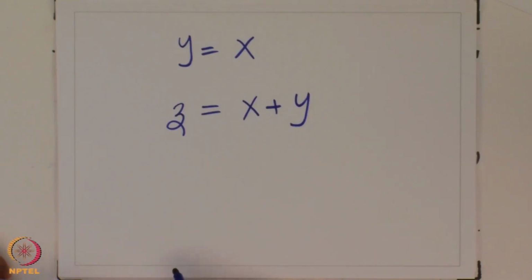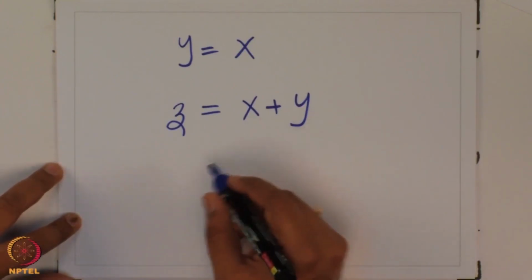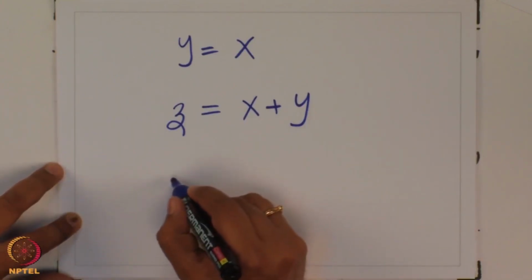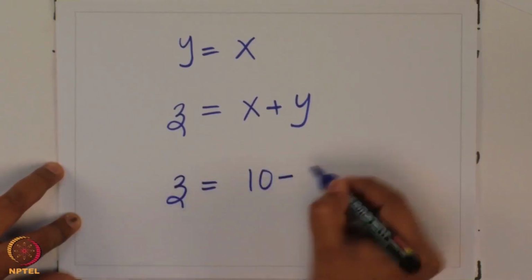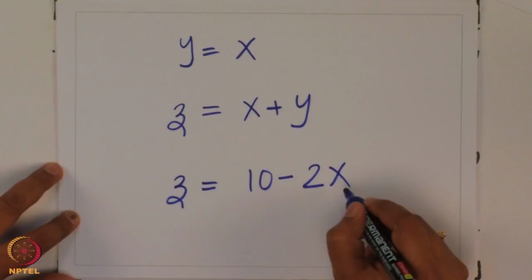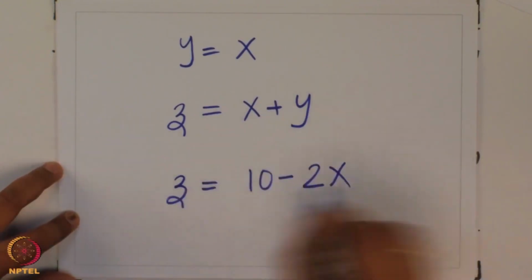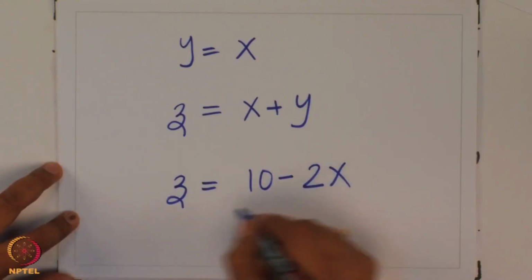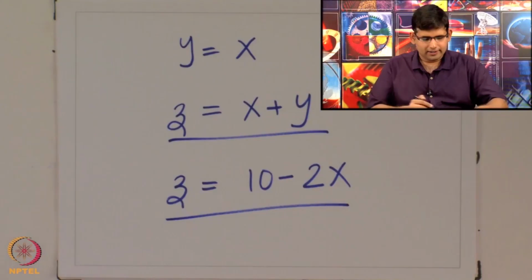You can even think of a simpler function, but in 2D. Let us say z is equal to 10 minus 2x. This is another possible function, but here there is no y. Still, you can plot this as a 2D function, so let us think about this function first, and then we will go to the other one.